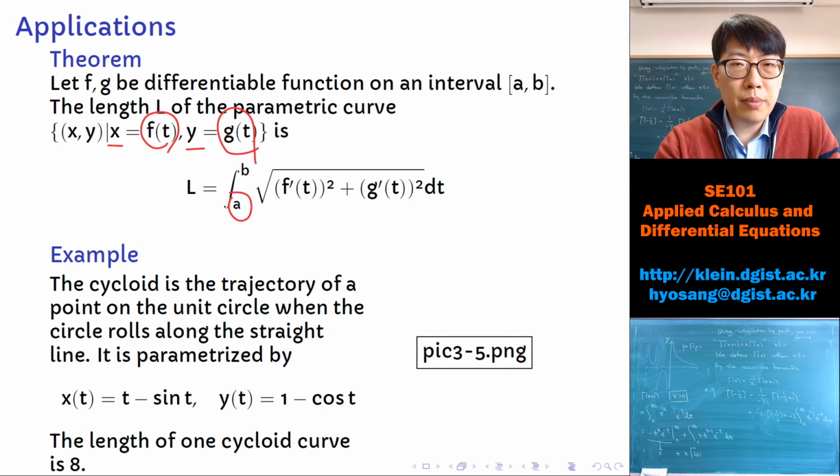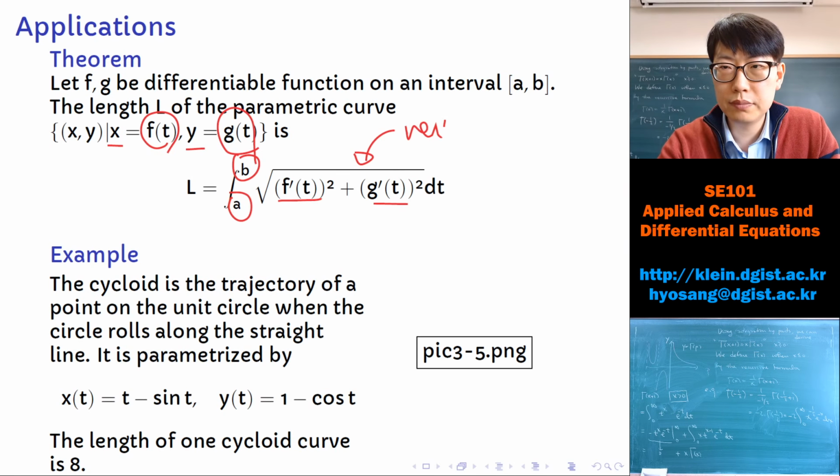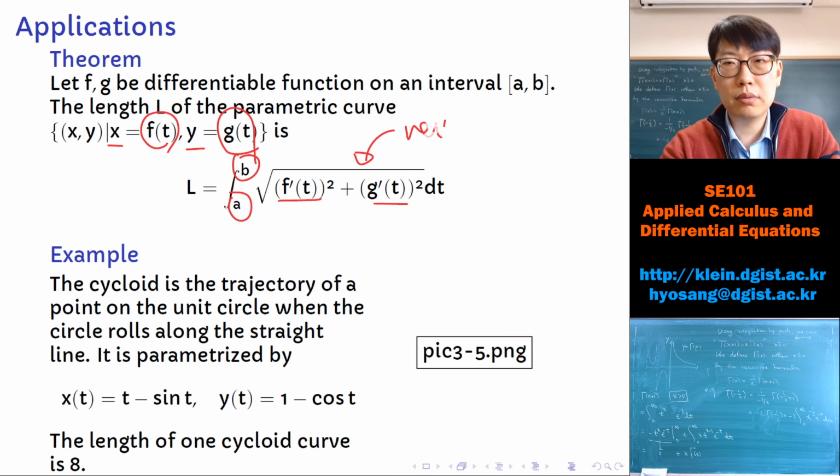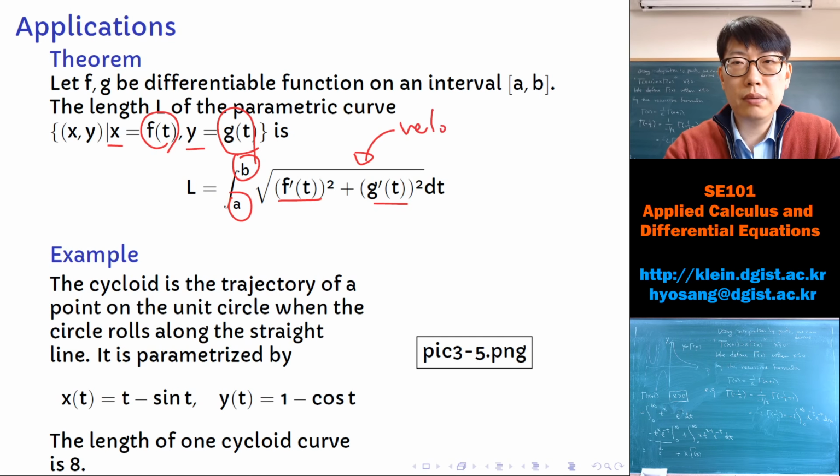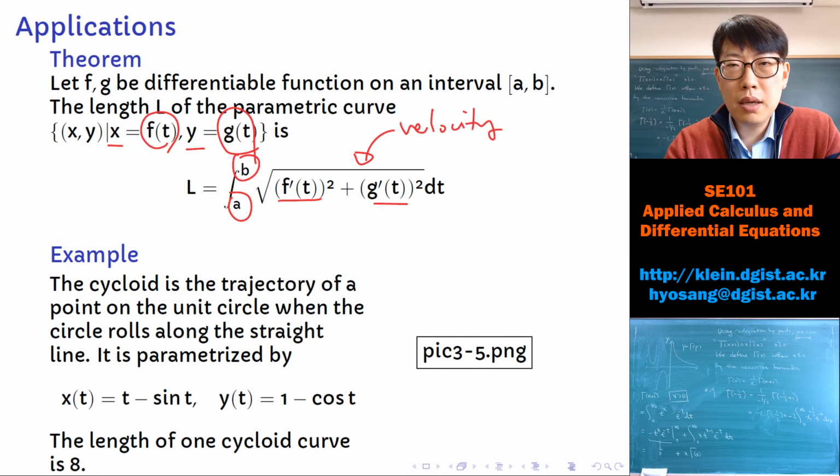If t ranges from a to b, so when time moves from a second to b second, the length of this curve is given by the integral of the square root of the sum of squares of the derivatives of the two functions. Basically you can assume that this is the velocity. This f prime of t gives the x velocity, and this is g prime of t, right?